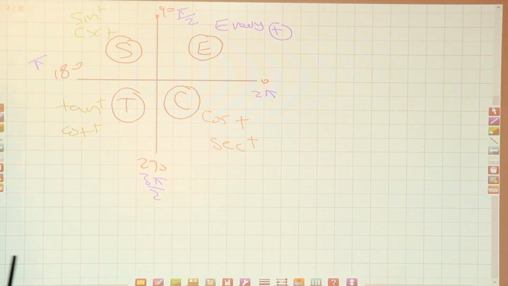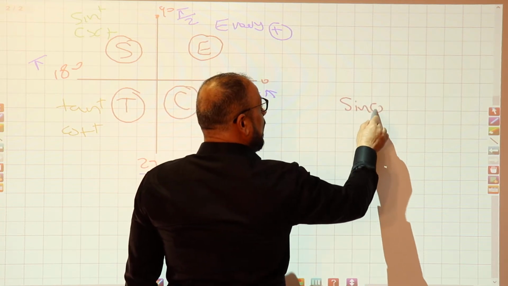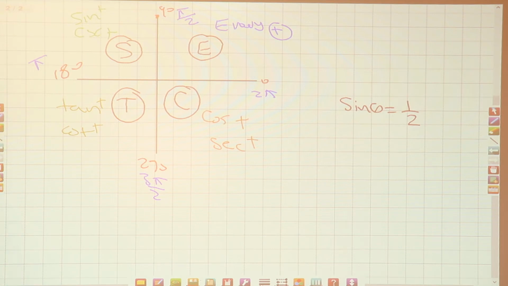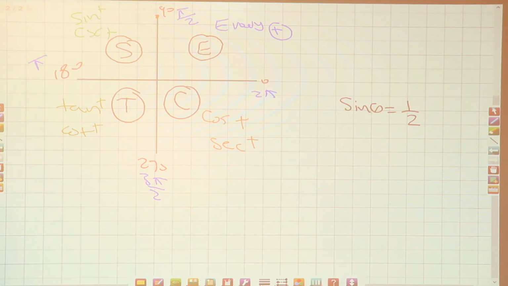Now, when we say, for example, sine theta equals 1/2, this means which angle has sine equal to 1/2? This is something you have to memorize.